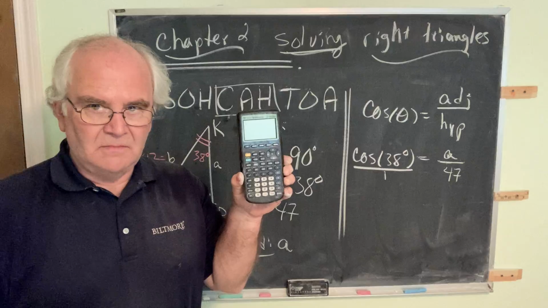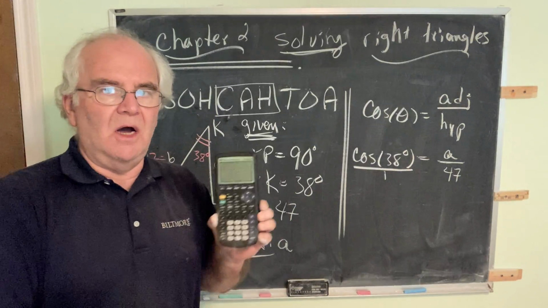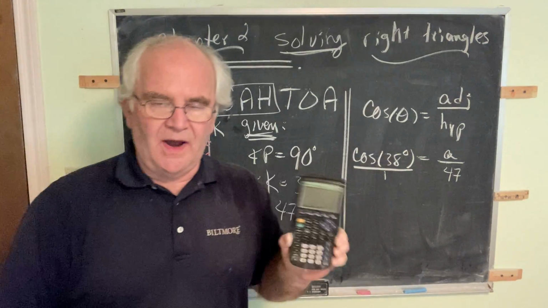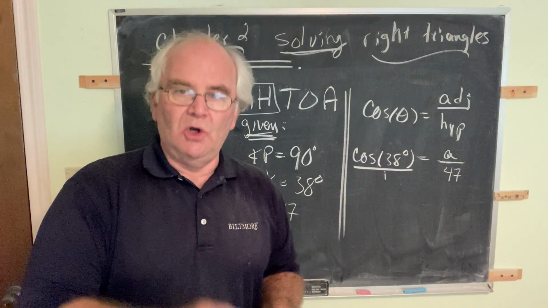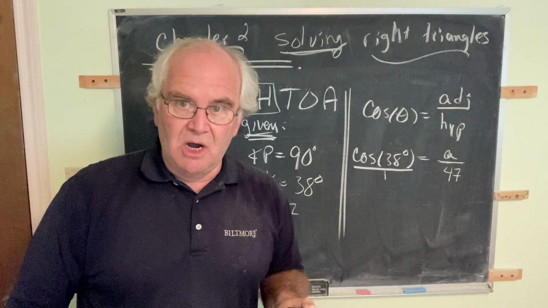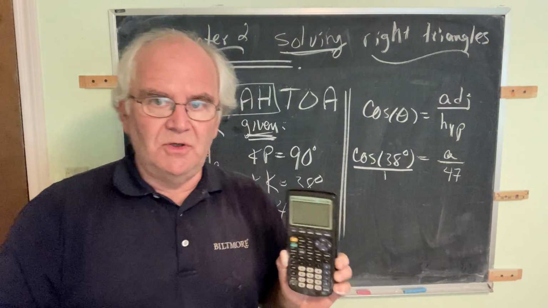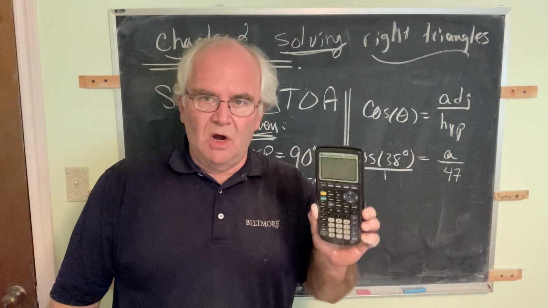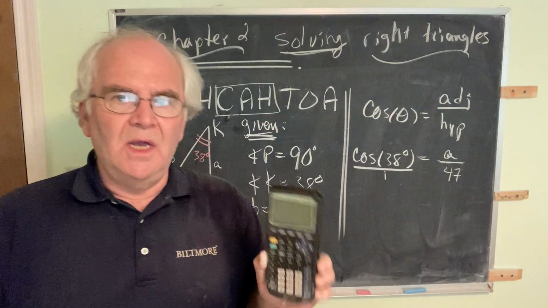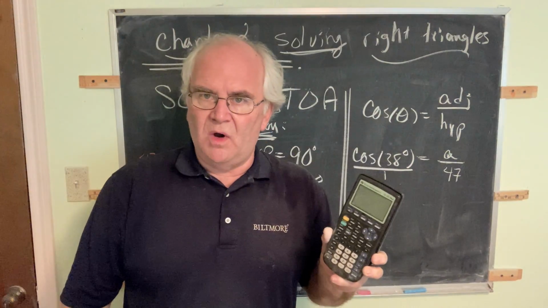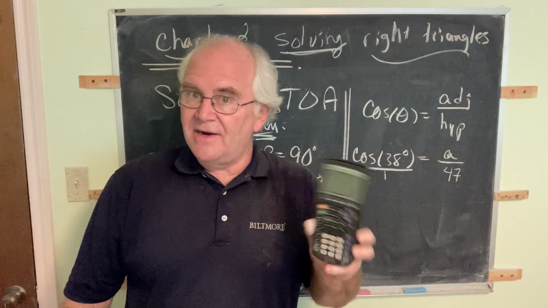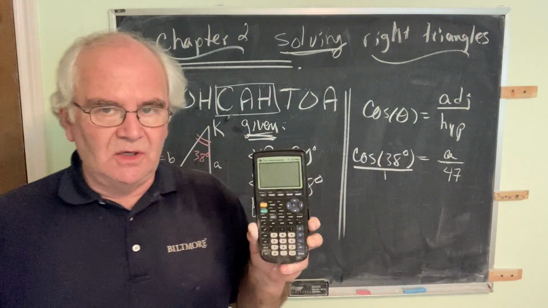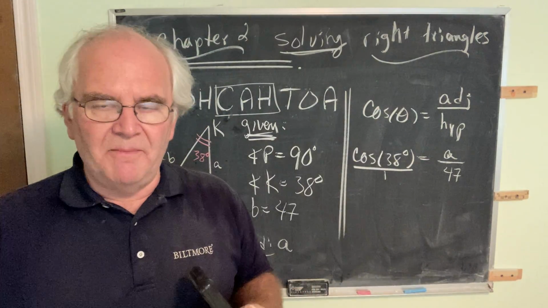Calculator. You are going to need to figure out how to make your calculator find cosine of 38 degrees. You're going to need to make sure you are in degree mode. I can't tell you through the screen how to make your calculator do this. If you don't already know how, you're going to need to either consult someone or use the internet and do a search on Google to find how to make your calculator work.